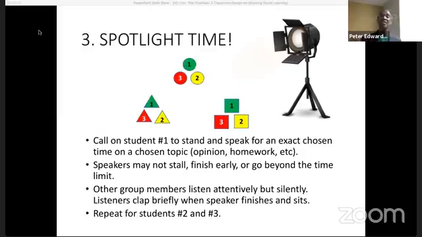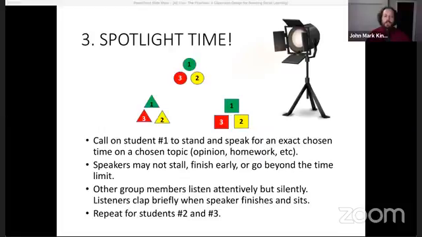Everybody is talking the same amount of time. People feel that that's fair. If the good students, with better language, are speaking longer, it feels a bit unfair, and it doesn't work as well. So it's really important to keep number 1s and number 2s and number 3s all speaking the same amount of time.